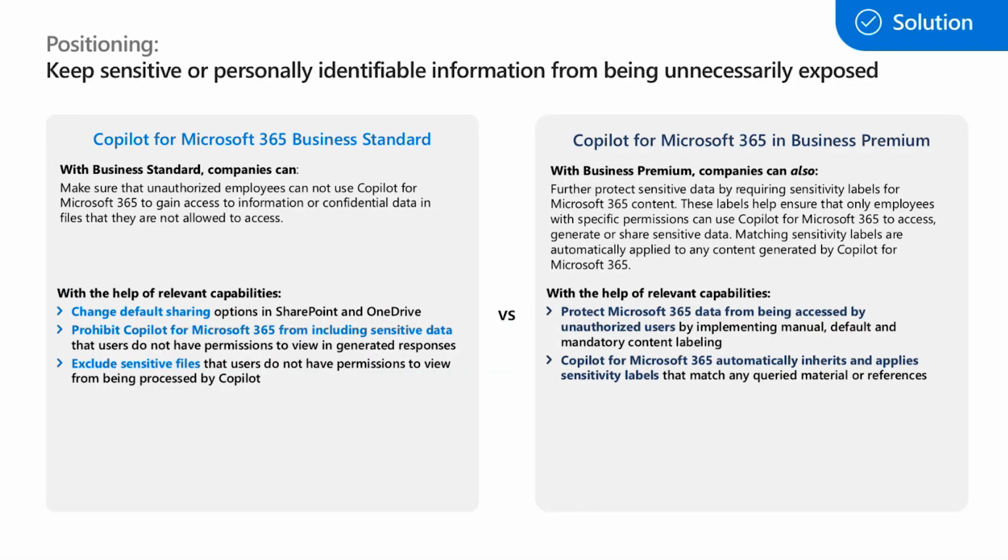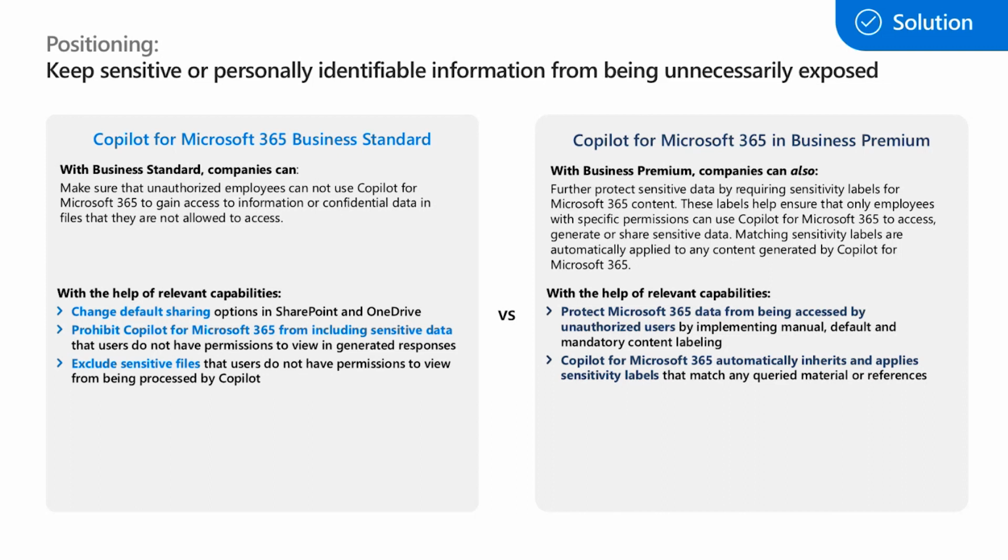So with Business Standard, you can prohibit the inclusion of sensitive data and exclude sensitive files when using Copilot by adjusting permissions in tools like SharePoint and OneDrive.